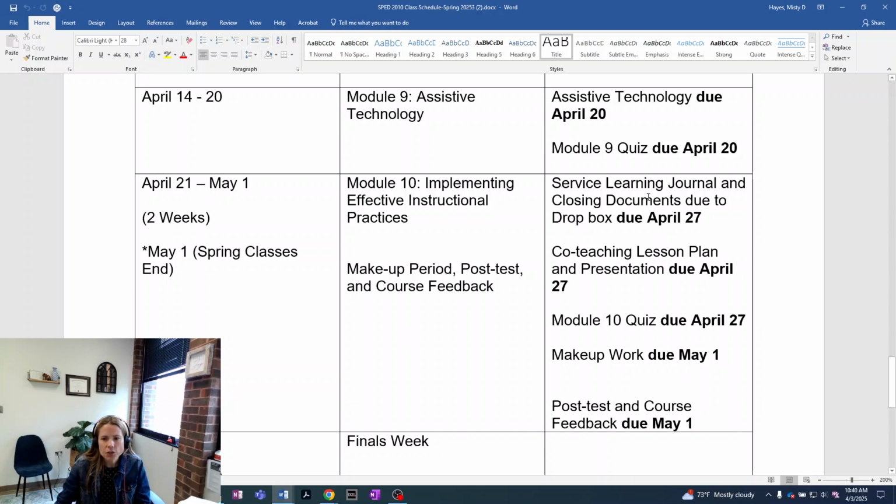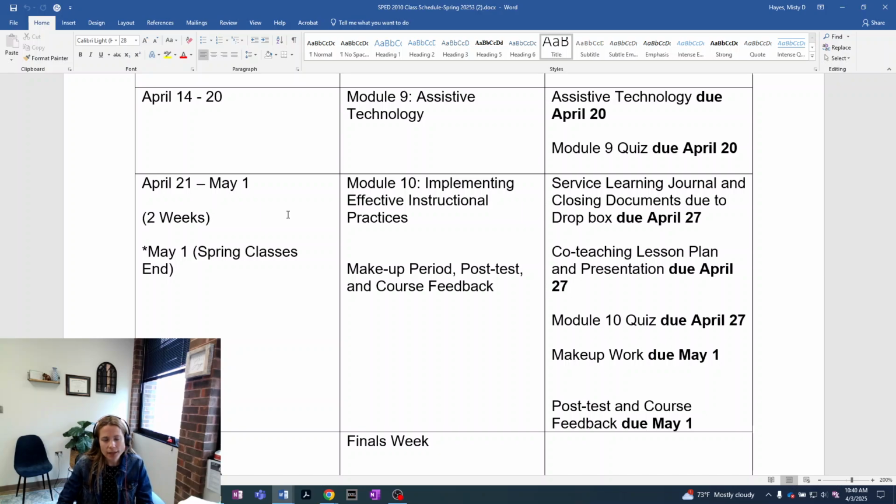Also, you'll notice here your service learning journal and closing documents, as well as your service learning written paper, due by April 27th. So anytime before April 27th, you could even send it now. I have some teachers sending me their closing documents. I just want to premise real quick that your service learning journal and written analysis is what will be put into our course Dropbox.